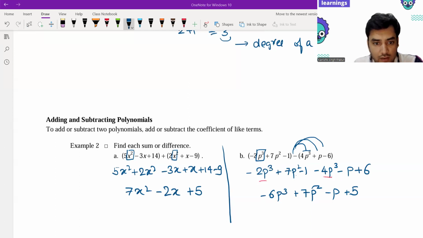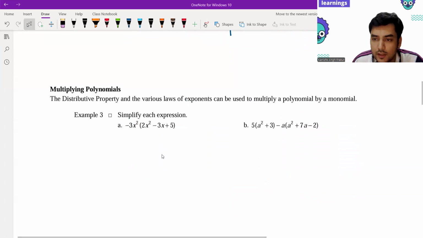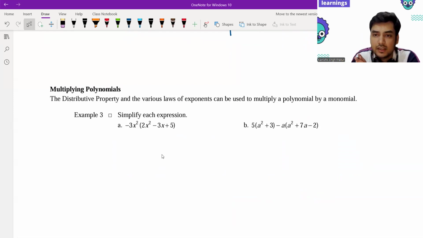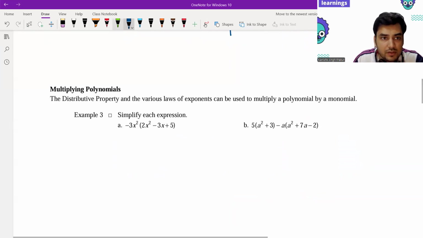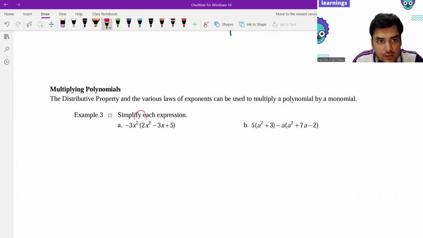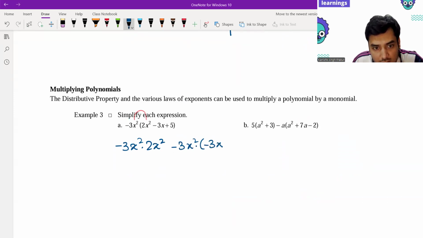Okay. Then you have multiplying polynomials. So what we already studied in the laws of exponents is that when we multiply, the powers of like terms get added, right? So this is where we'll be using the distributive property and then simplifying. So first I'll multiply minus 3x square times 2x square, minus 3x square times minus 3x, and minus 3x square times 5.